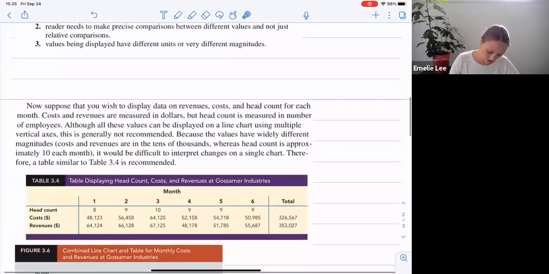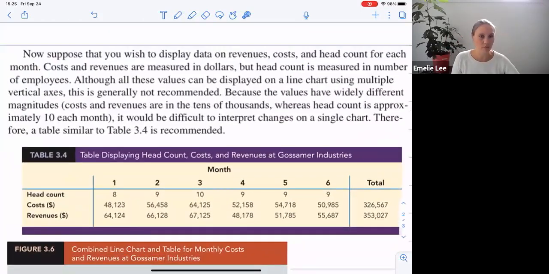So one example of that is this one here. If we're looking at the head count now on top of the costs and the revenues, because maybe we suspect that the head count is contributing to the costs or, hopefully, the revenues.